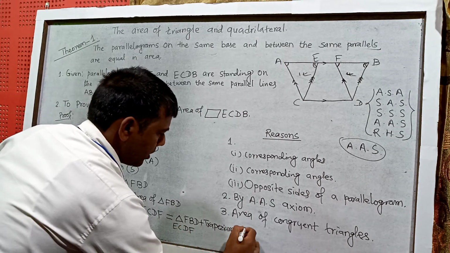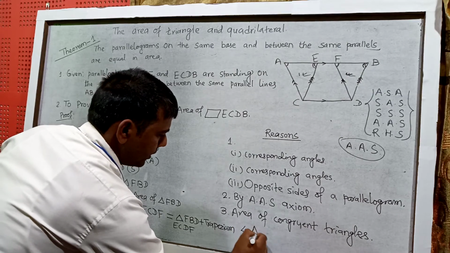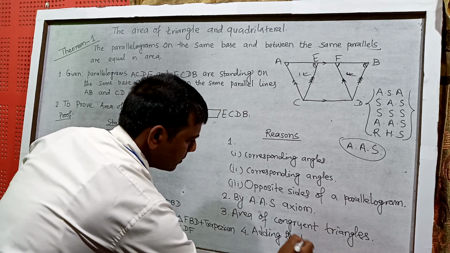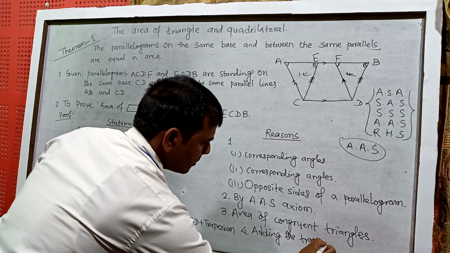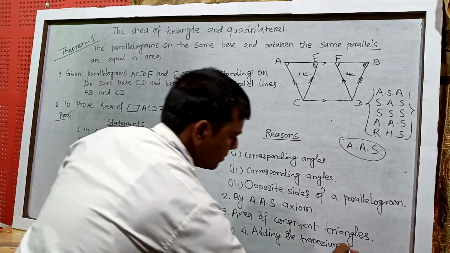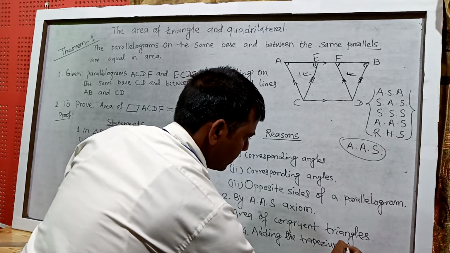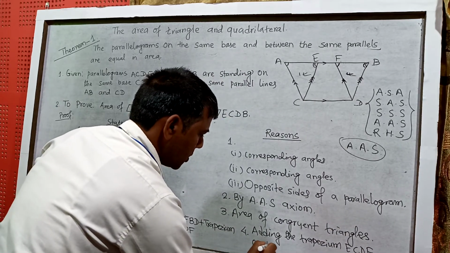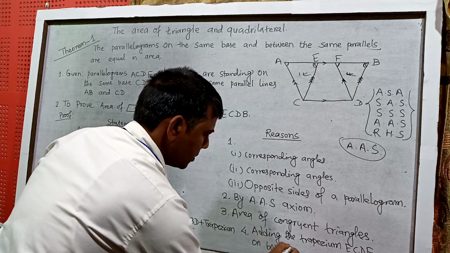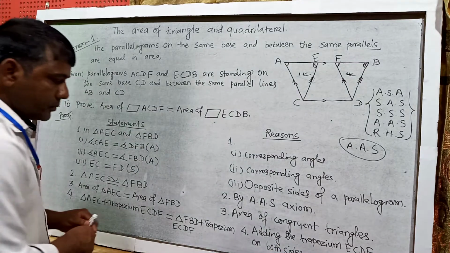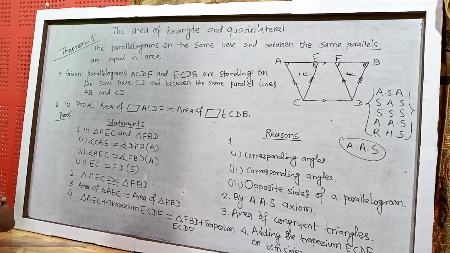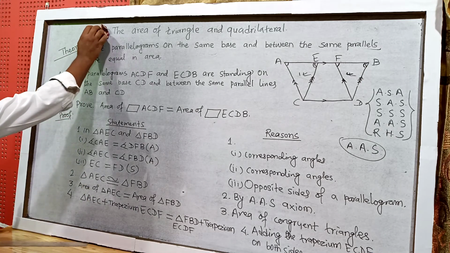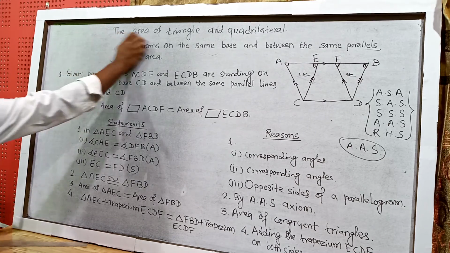Number four, adding the trapezium ECDF on both sides. Now I remove this statement.